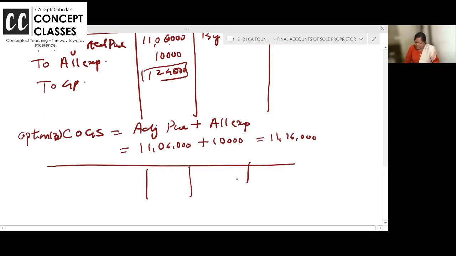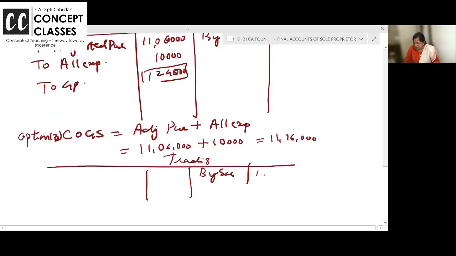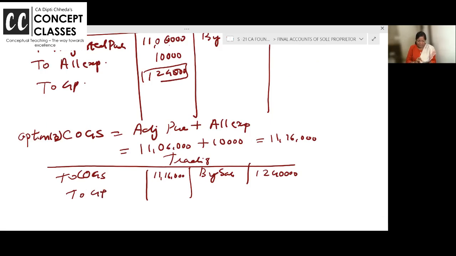And now if I say, let's prepare the trading account, how will you make it? Shall we write sales? Yes. How much? 12 lakh 40,000. Shall we write the COGS? 11 lakh 16,000. What is your GP now? 12,40,000 minus 11 lakh 16,000, 1,24,000, same answer.